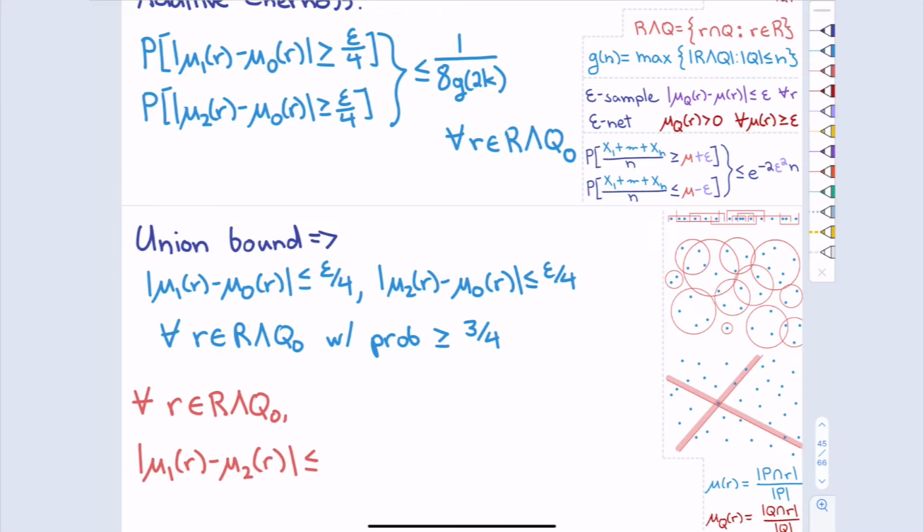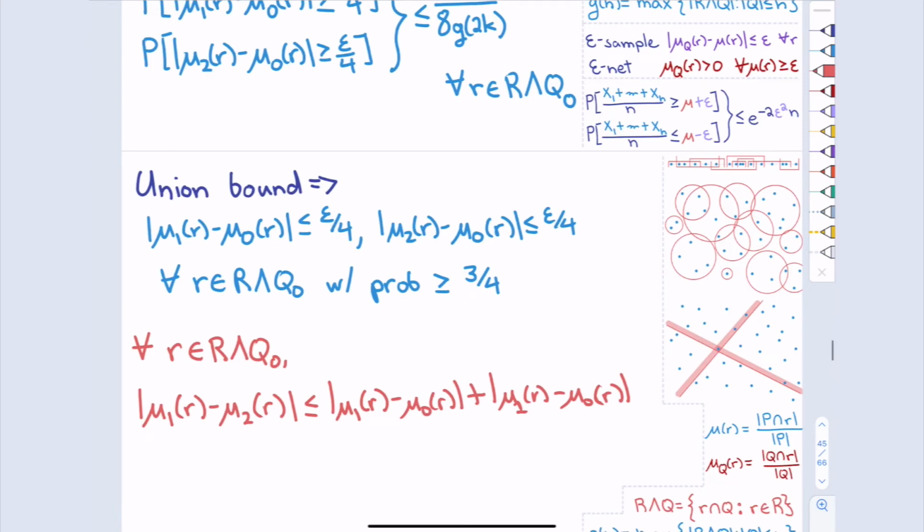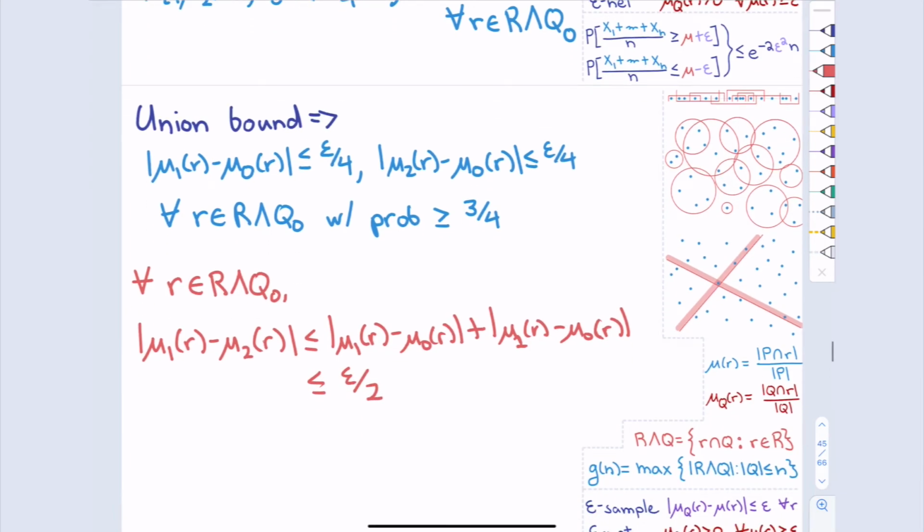Yeah, triangle inequality. Then both of these are nice and small, so you get at most epsilon over 2.